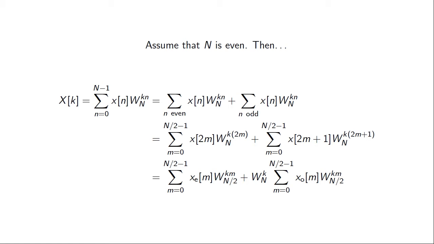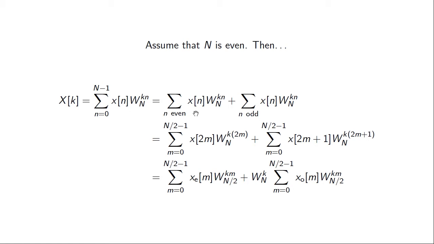We'll begin our derivation of the FFT by taking this sum to be computed and splitting it into two partial sums: one sum over the even values of n and one sum over the odd values of n. These two partial sums together will of course make up the total sum that is evaluated in the DFT.